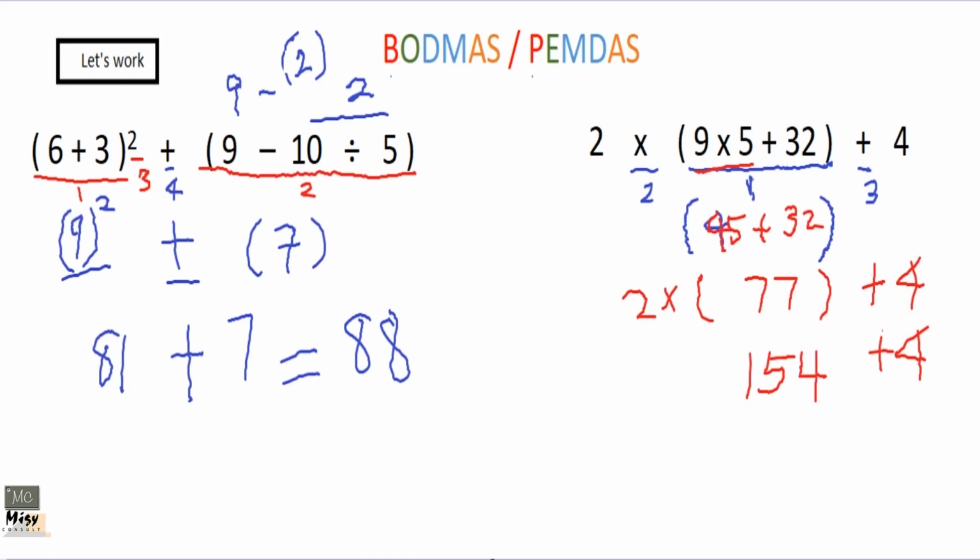Okay, so after that, you now have a very easy thing to do. So our answer will be what? 158. As easy as that. I hope it's clear enough. Very simple. It looks very dangerous, but when you take your time and do it step by step, you can do it.